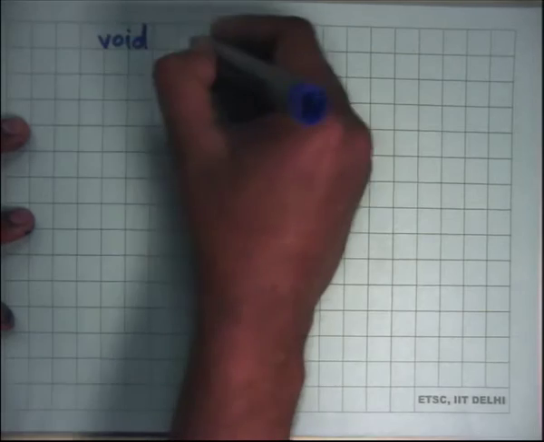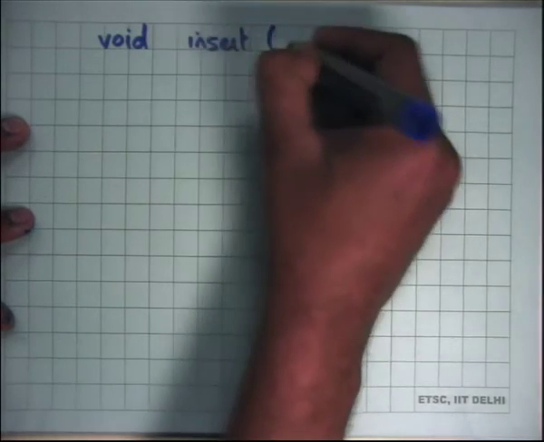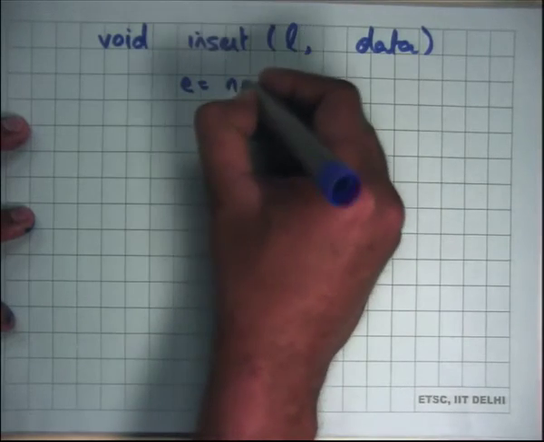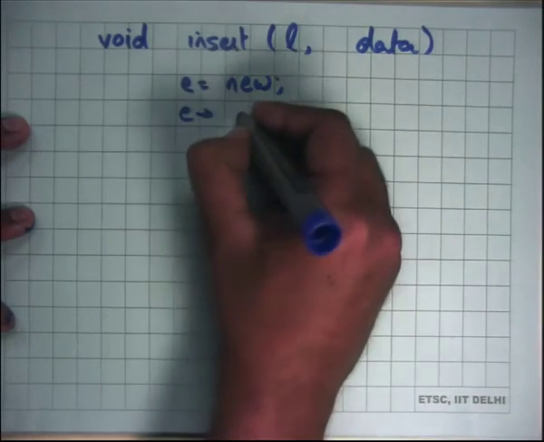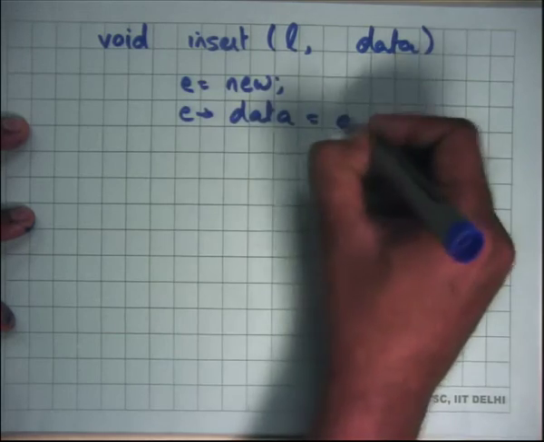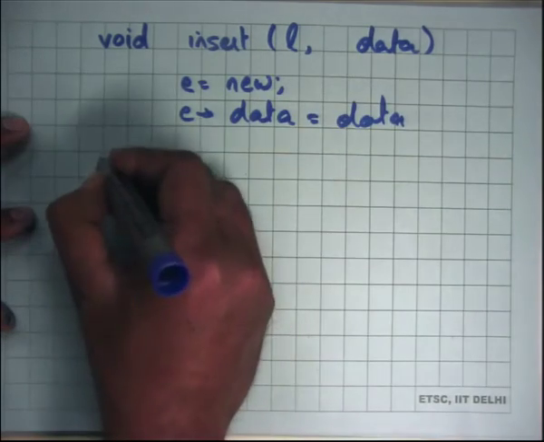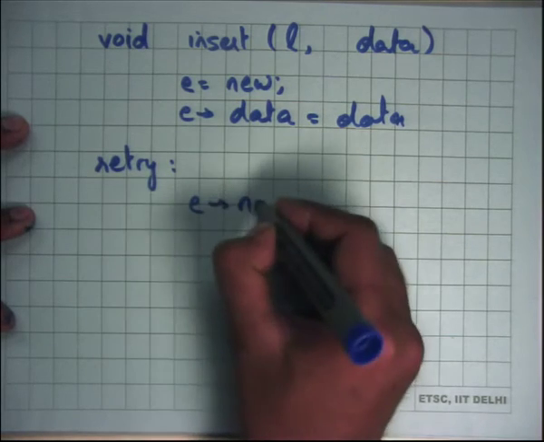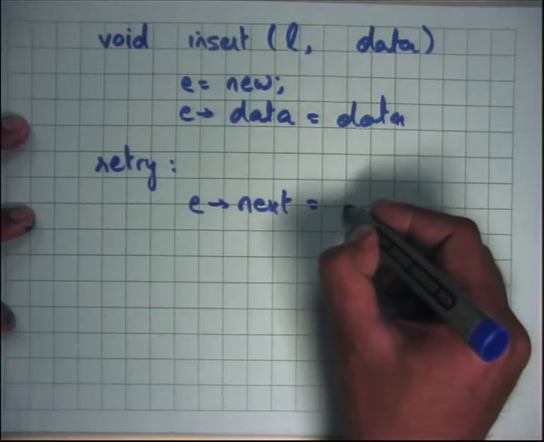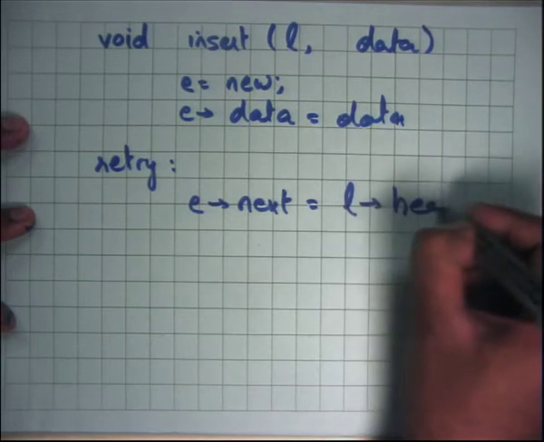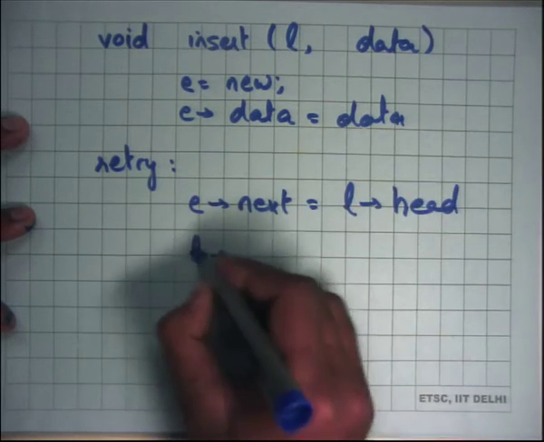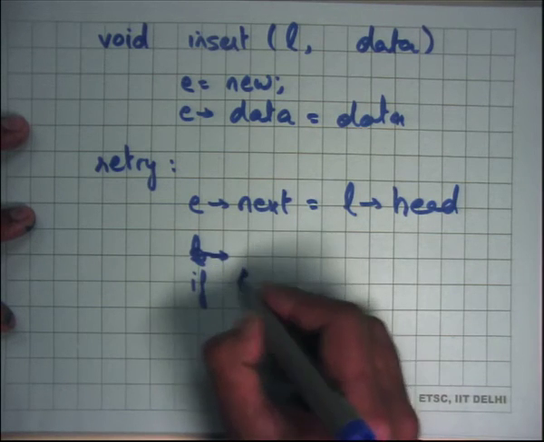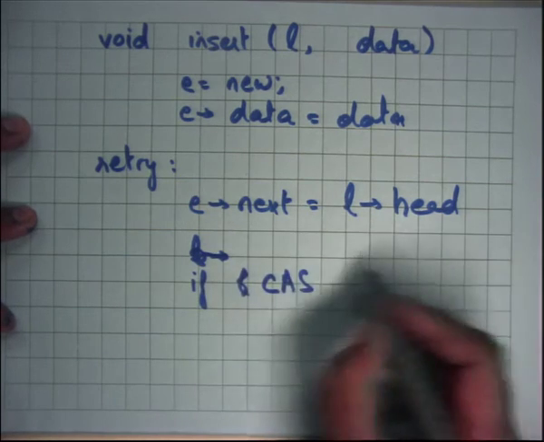Void insert(L, data): E is equal to new, E dot data is equal to data, retry: E dot next is equal to L dot head. Now this is the tricky part. Instead of compare and exchange, I'll just use the word CAS.